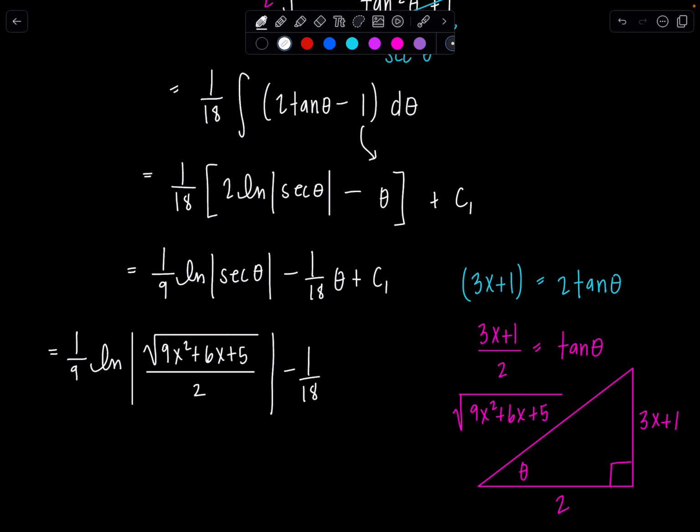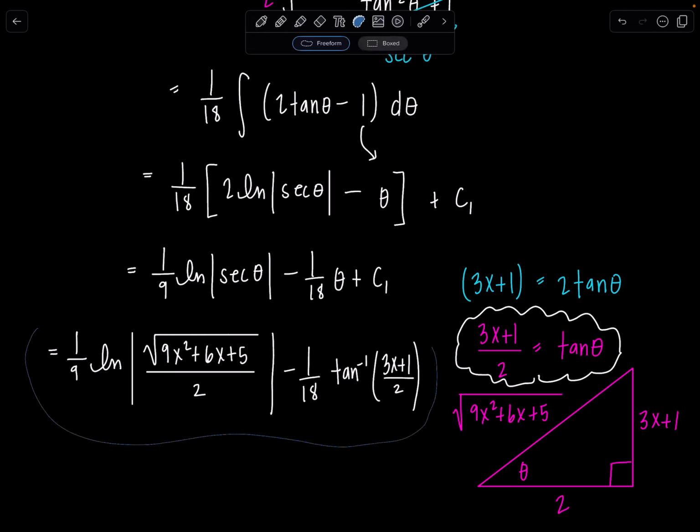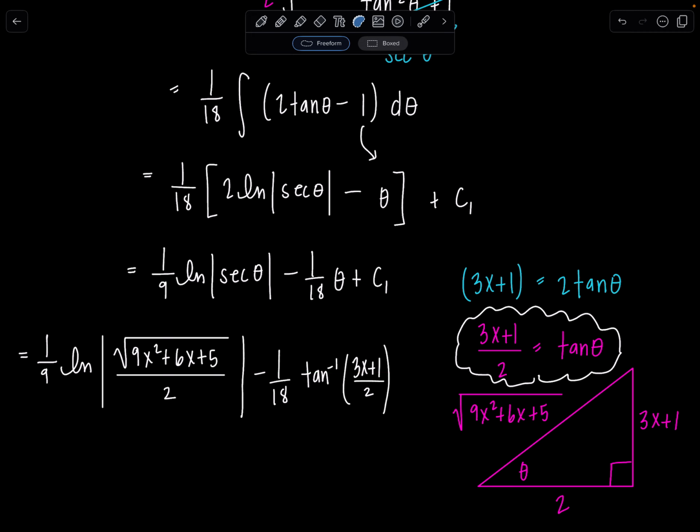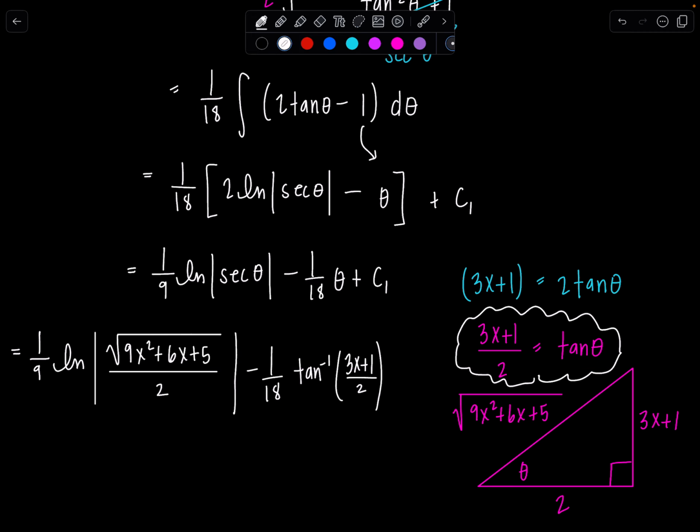If you just have lonely little theta, what do you do? Again, come back here. Tan theta equals 3x plus 1 over 2, so theta all by itself must be tan inverse of 3x plus 1 over 2. It's a little squished, and there's no room for plus C1. Scoot, scoot, plus C1.